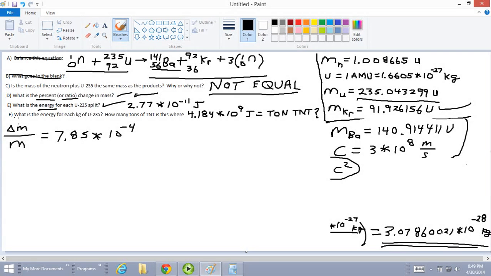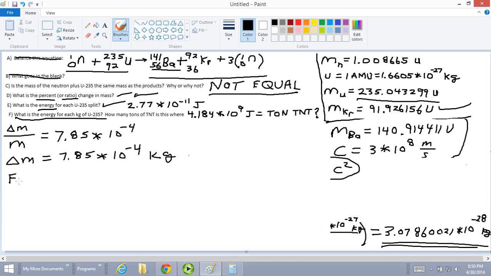Now, last question. Energy for each kilogram. Well, delta M over M is this, so you might as well multiply it by 1 kilogram. If we start with 1 kilogram, if M equals 1 kilogram, delta M is going to be 7.85 times 10 to the negative 4th kilograms. Almost 1 gram. And then finally, we can get the energy released.